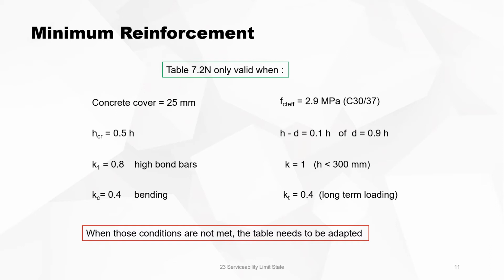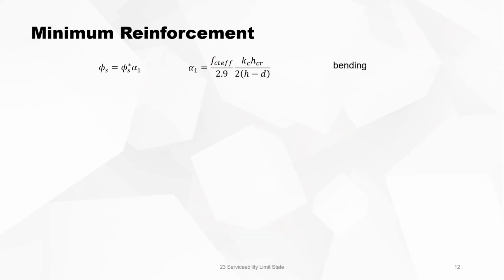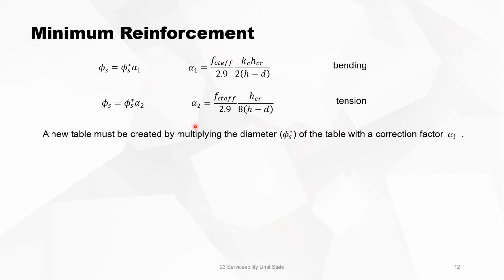And you adapt this table by multiplying the maximum diameters in the table with a factor given by this for bending and a factor given by this for tension.